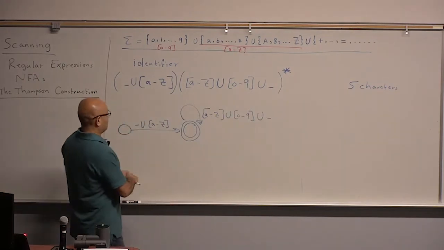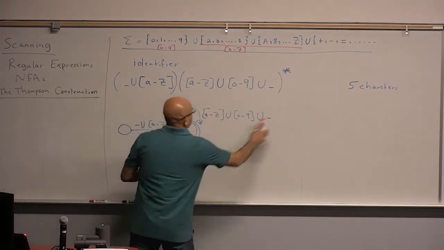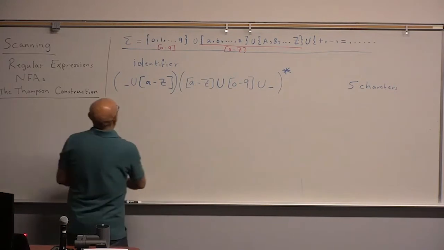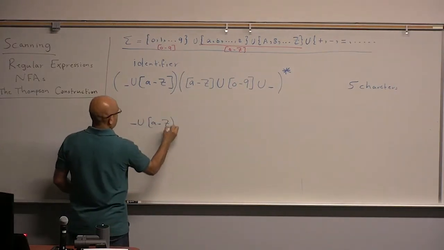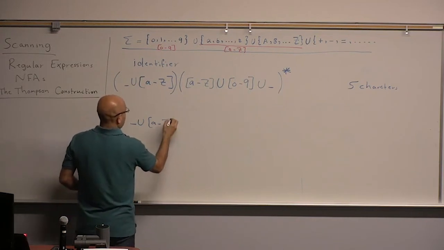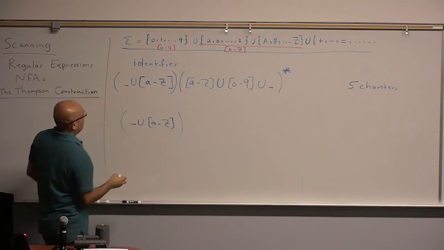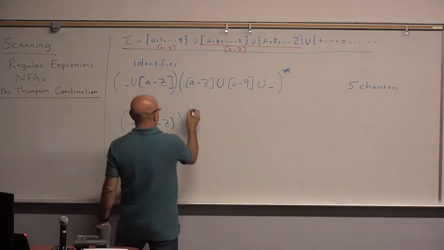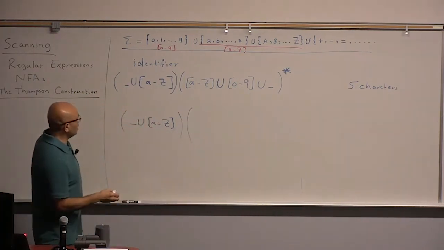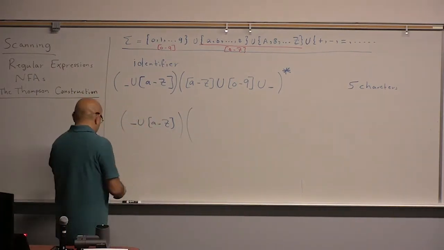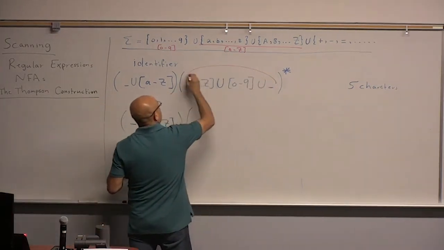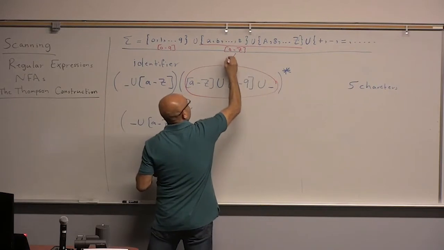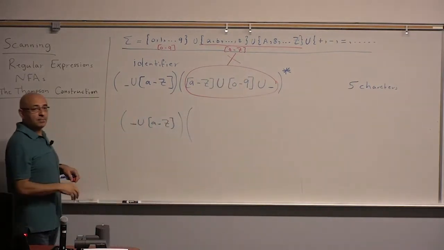So for 5 characters, you can say, okay, this is A to Z. And then after this, let's call this whole thing, for convenience, X, just so that we don't repeat it.